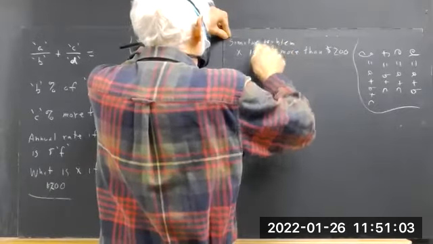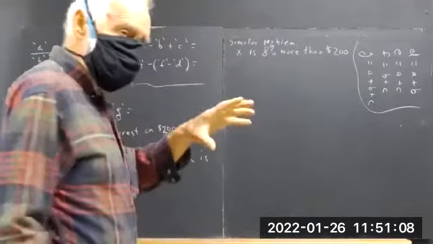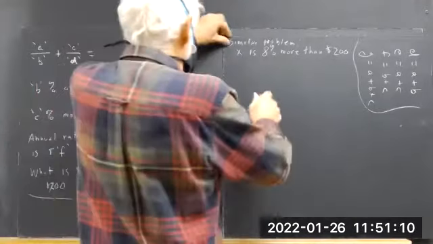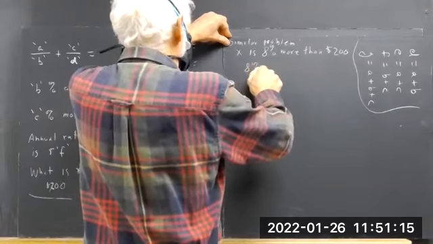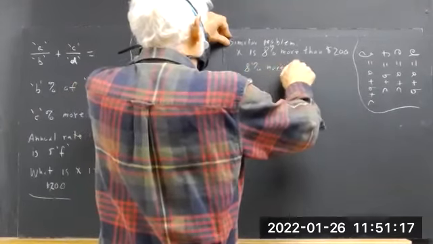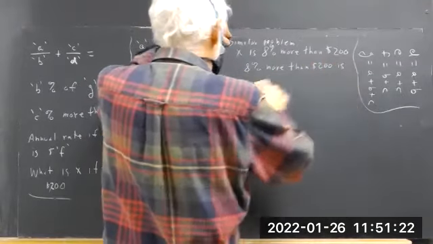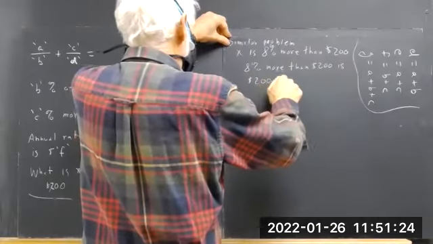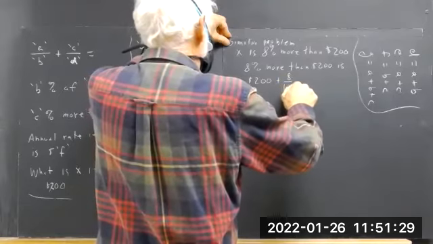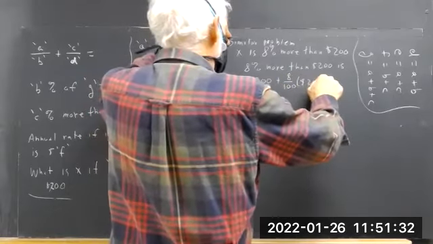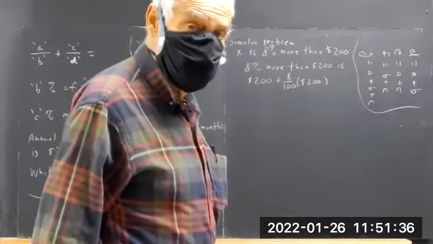Can't read this because that R didn't come out at all, but it's a similar problem. X is 8% more than 200, but it's not the same. Then you could say that, well, $200 plus 800, so $200, right?